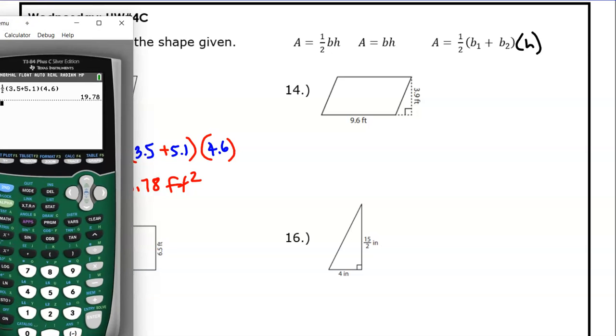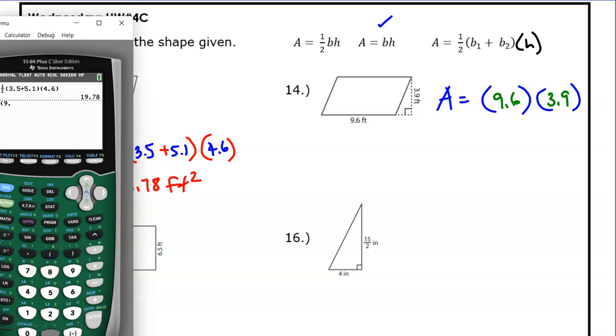Alright, number 14, this shape is a parallelogram, so it's base times height. So again, I just need to fill in my substitution and let the calculator do the math. So my base is 9.6, my height is 3.9, and now I use my calculator.